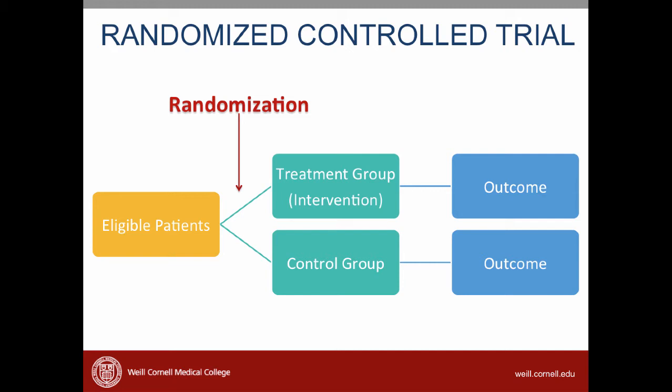The main outcome and any secondary outcomes are measured for both groups, and then these outcomes are compared. There are other ways to design studies that compare treatments and controls, but we are going to focus on the randomized controlled trial because it is the gold standard study design.